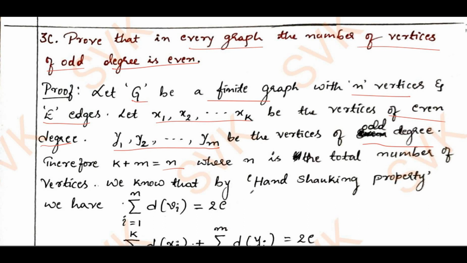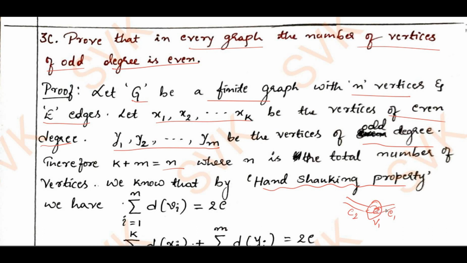To prove this, we will use a property called the handshaking property. What is the handshaking property? If you consider two hands shaking each other, you can consider this as vertex V1, and the hands will be edges E1 and E2.